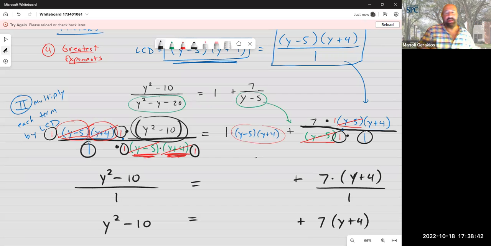Now let's come back and multiply these two guys. We need FOIL to do it. The F in FOIL: y times y, y squared. O in FOIL: y times positive 4, positive 4y. I in FOIL: negative 5y. L in FOIL: negative 20. You know what it's going to create?